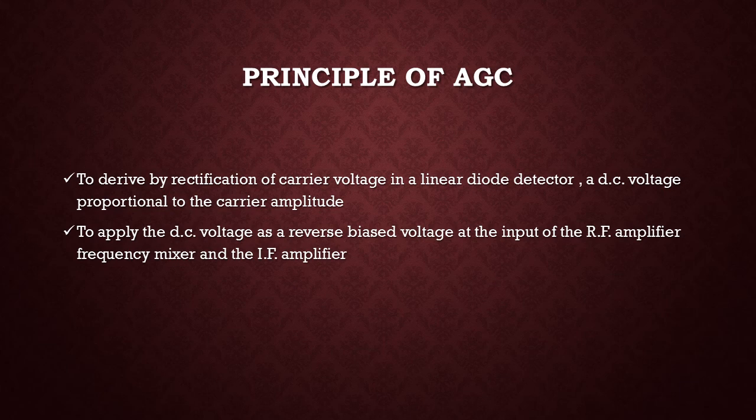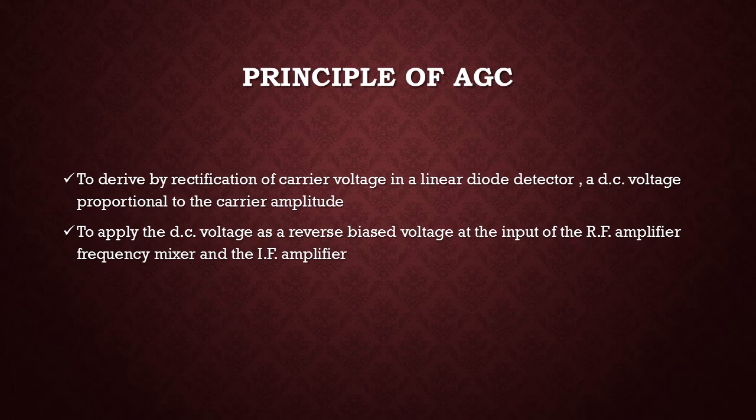Also, there are some principles of AGC. Number 1, to derive by rectification of carrier voltage in a linear diode detector a DC voltage proportional to the carrier amplitude. And next, to apply this DC voltage as a reverse biased voltage at the input of the RF amplifier, frequency mixer and the IF amplifier.